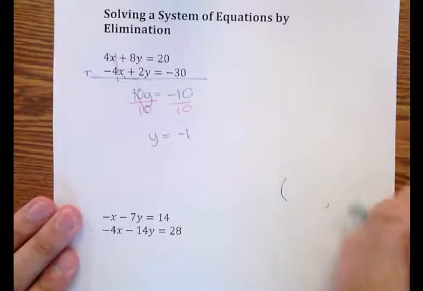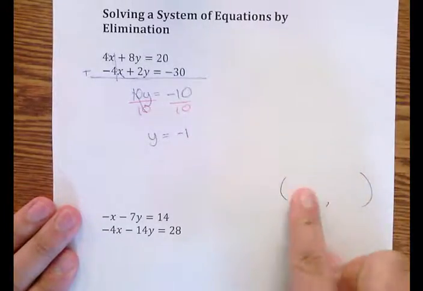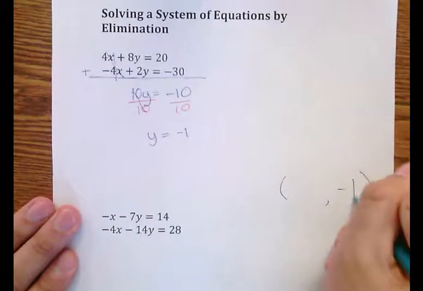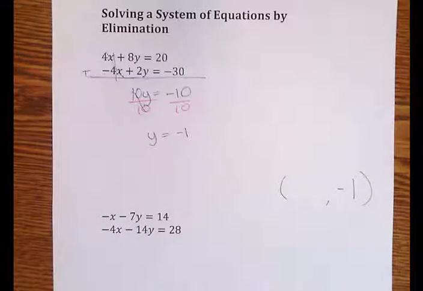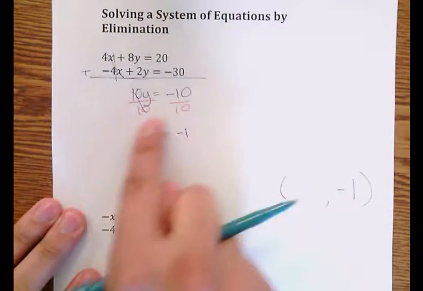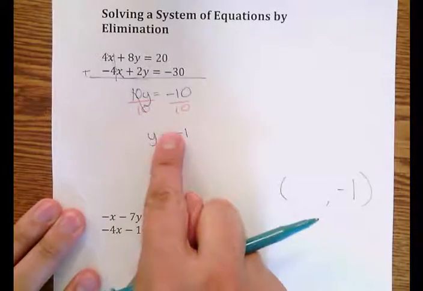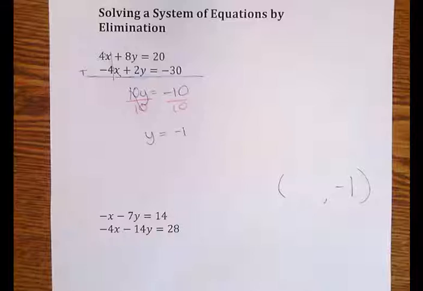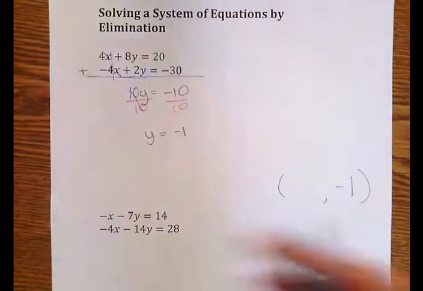Our goal, remember, is to figure out the coordinate where these two lines intersect, and I now know the y part of the coordinate is negative 1. So all I have to do is figure out the x value. I'm going to take this piece of information and plug it into either of these two original equations. It doesn't matter which one. You can pick the top one, I can pick the bottom one. We'll get the same answer.